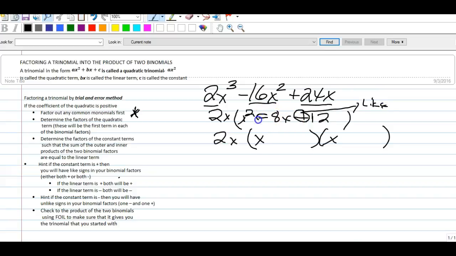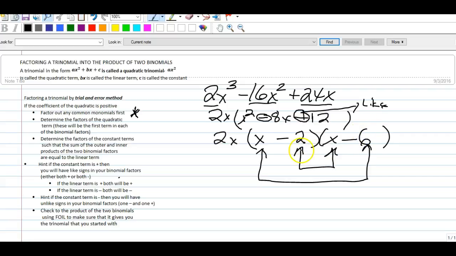And since the linear term is preceded by a minus, that tells me they're both going to be minus. So I've got to choose the factors of 12 so that the sum of the inner and outer product gives me a minus 8x. So the factors of 12 that would do that would be 2 and 6.